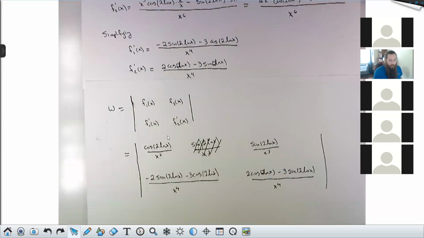All right, so this is a 2x2 determinant. I'm going to multiply this times this minus this times this. And if we're lucky, everything will come out manageable.